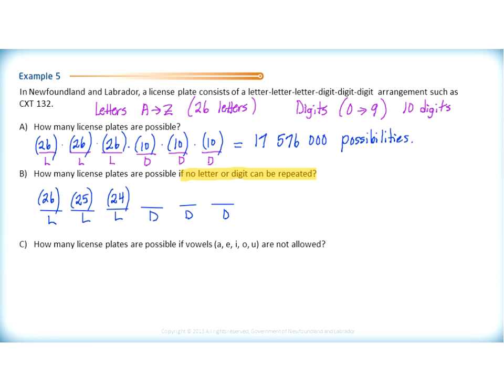In the case of the digits, we can begin with 10 digits from which we could select one for the first digit. Then there will be 9 digits to select from for the second one, and 8 digits to choose from for the third. So when you multiply that out, you have 26 times 25 times 24 times 10 times 9 times 8, and that will result in 11,232,000 possibilities.